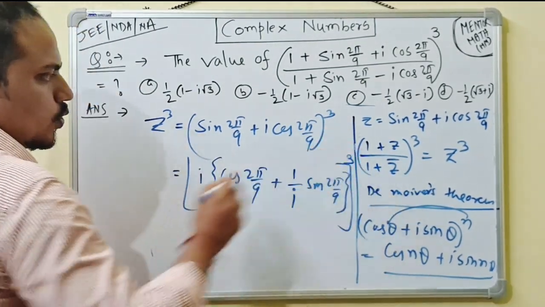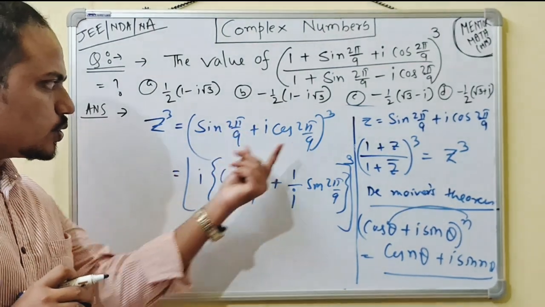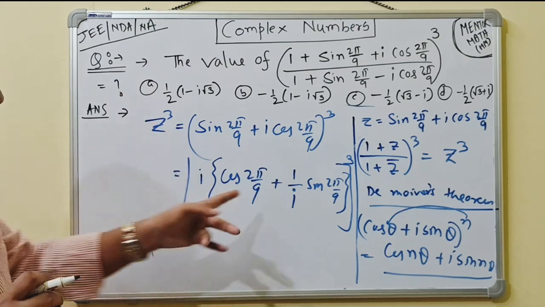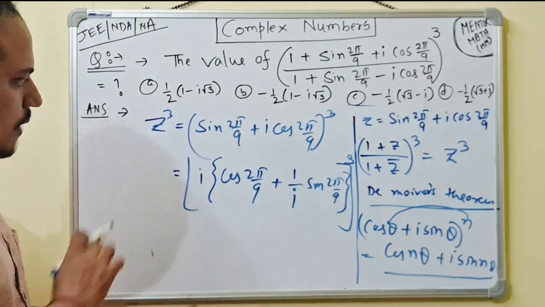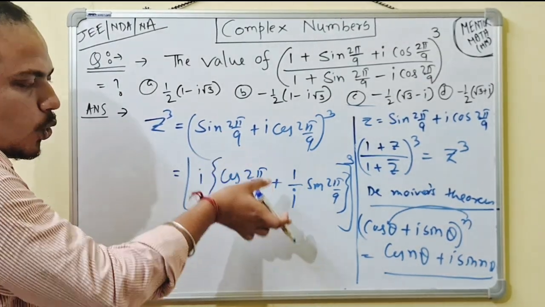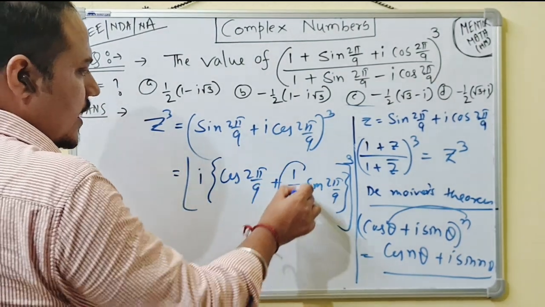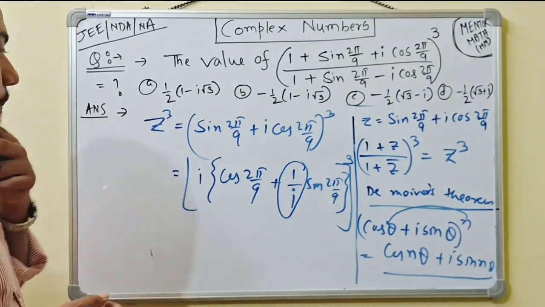Okay, this is your whole cube, because if I take i common, so you get cos 2π/9 plus, since there is no i there, that's why I can take 1/i. If you multiply them again, you get the same expression. Okay, so now 1/i, you know, gives minus i.